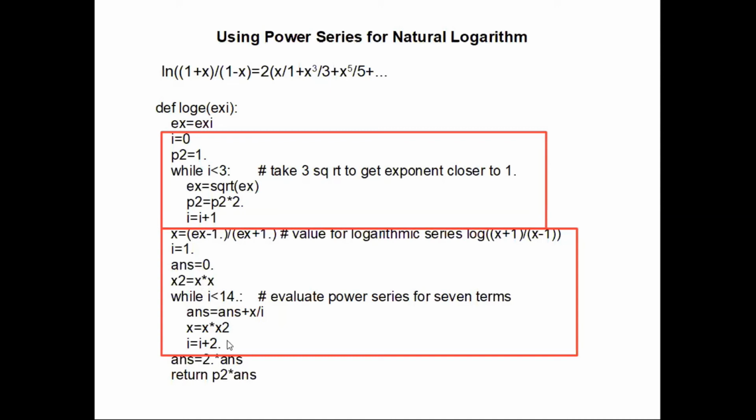Okay, and we're going in steps of 2 through the series. We're skipping out the even numbers in the series. And then when we're finished evaluating this part of the series, we then multiply by the 2 in order to get the answer that we want. And then we have to take into account those square roots of the mantissa that we had taken to return it back to its normal value.